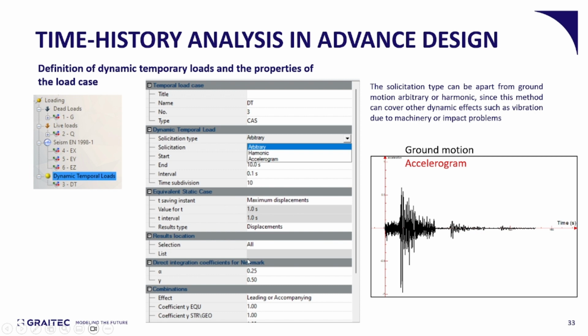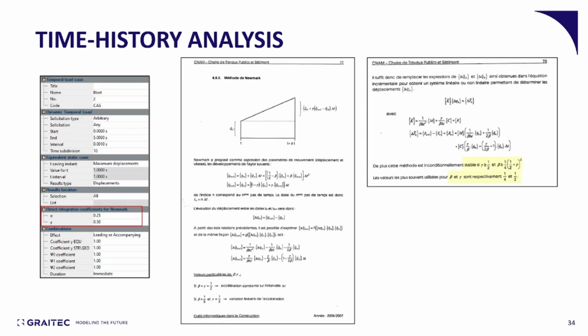Again, we have some properties that the user can modify here. We will check them later on when doing the demonstration for this particular type of analysis. And of course, some parameters related to the Newmark method, the method that the solver uses in order to perform the analysis and get the result.